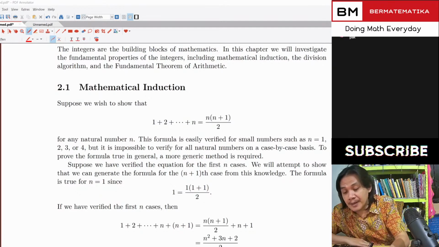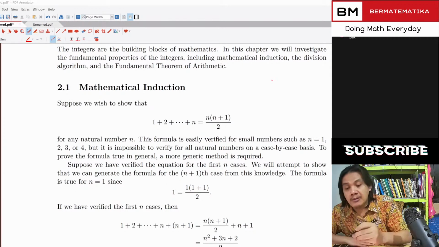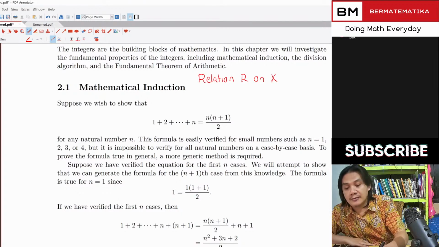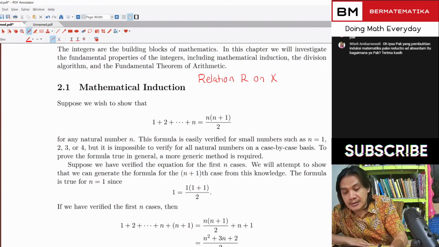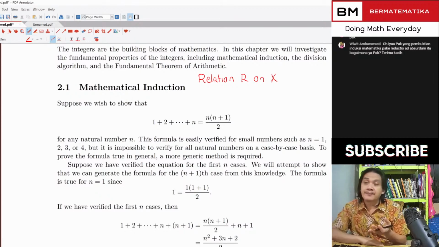Remember that a relation on a set X, for example, maybe better using the letter A, is a subset of A cross A, right? This relation.